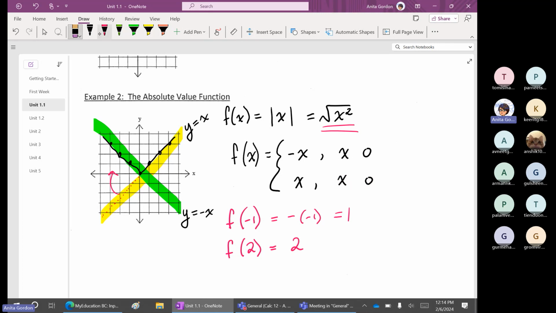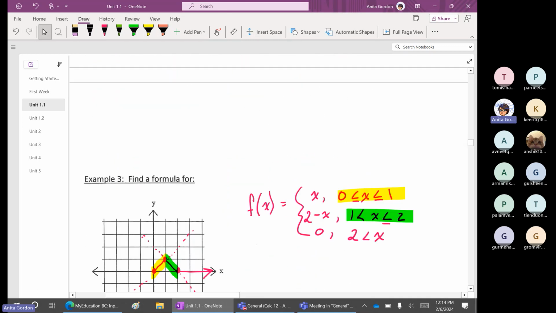I could say while x is less than or equal to 0 here and greater than here. Right? I could put it in either one, but whichever one you choose, you cannot put it in both. Okay, we want to make sure that we have clear definitions. Does that make sense? Any other questions before I move on? We're good. All right, let's go to the next example.